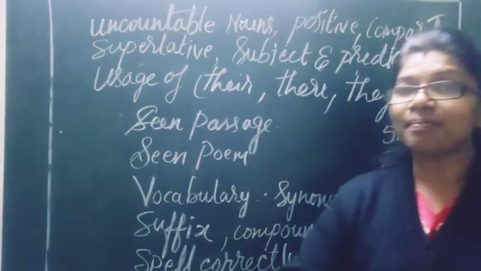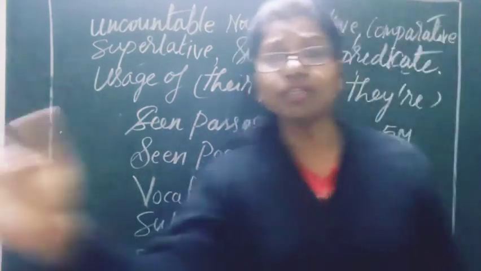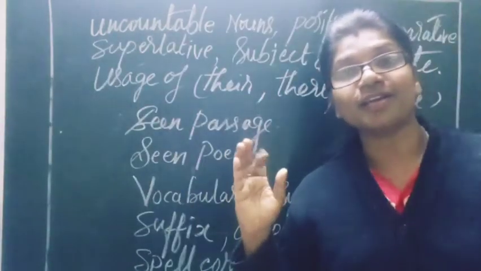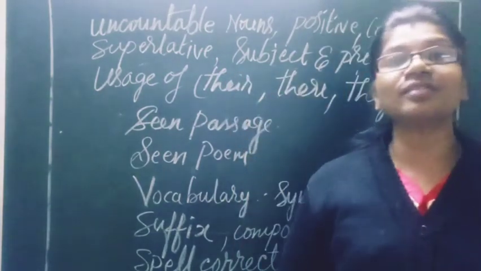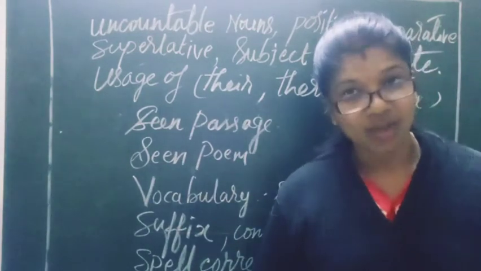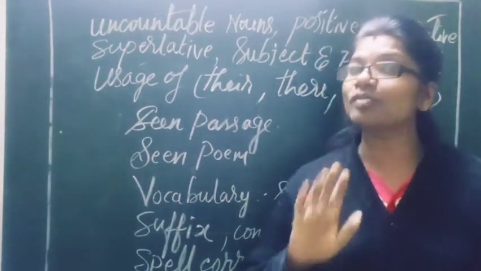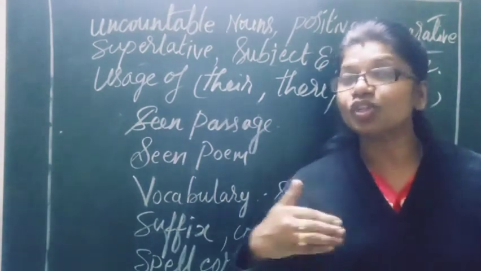For example, she's the tallest girl in the class, meaning you are comparing Neeta with all the students in the class. In such conditions you cannot say Neeta is taller than all the students in the class. When you compare only two things, you should use the comparative form: taller, bigger, smaller, shorter.